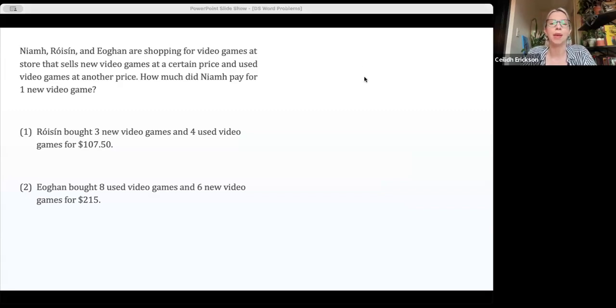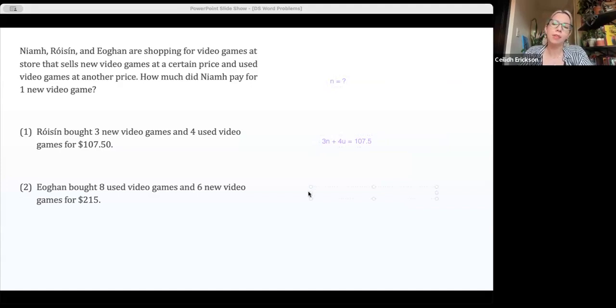It's the same equation. We wanted to know n equals what? And each of the statements did give us a relationship between n and u. 3n plus 4u equals 107.5. Okay, great.